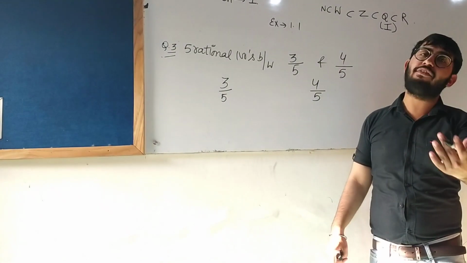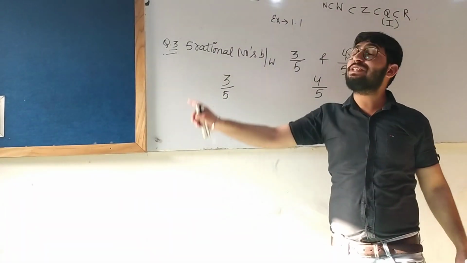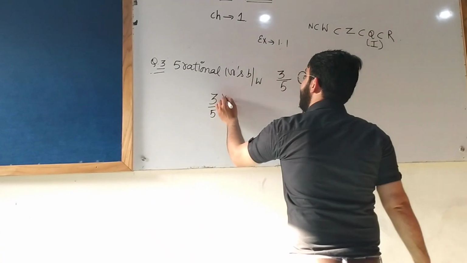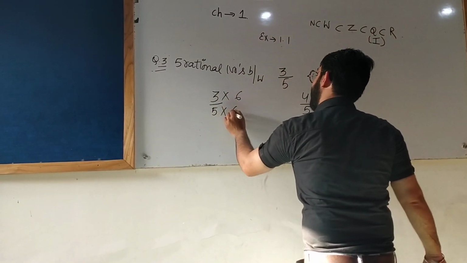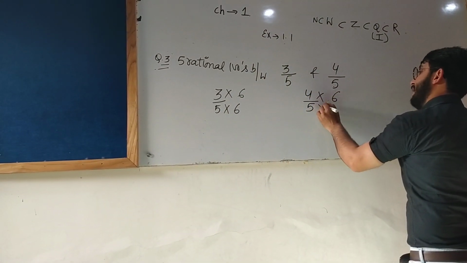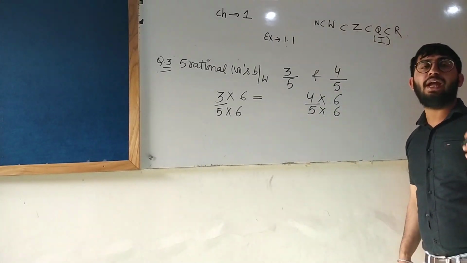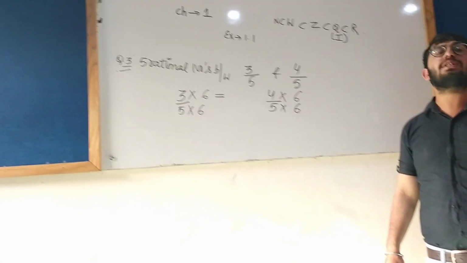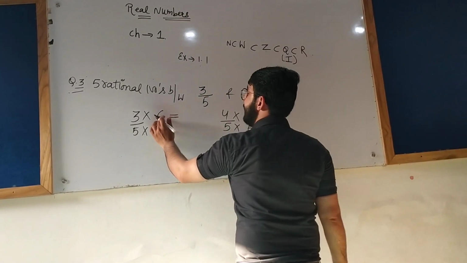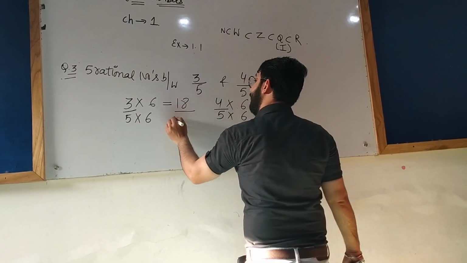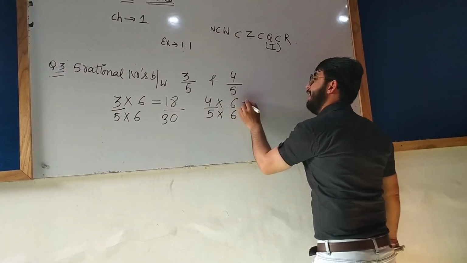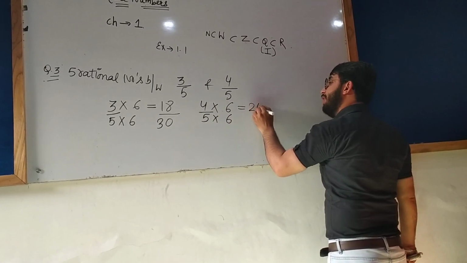So we'll multiply and divide by plus 1. 5 plus 1 gives you 6. Let us multiply and divide both the numbers by 6. Why? Because we need 5 numbers. If I need 10 numbers, then I will multiply and divide both the numbers by 11. 6 3s are 18, 5 6s are 30, 6 4s are 24.